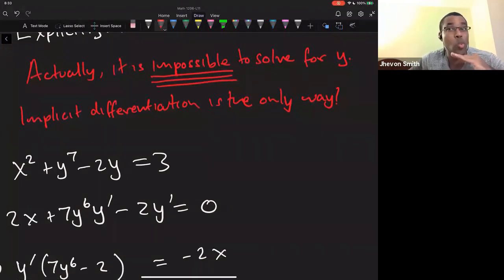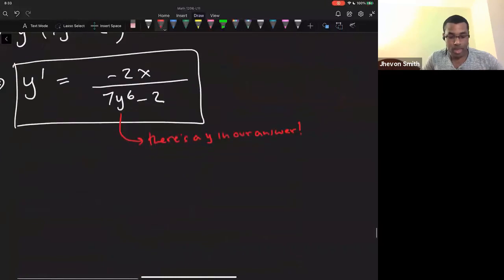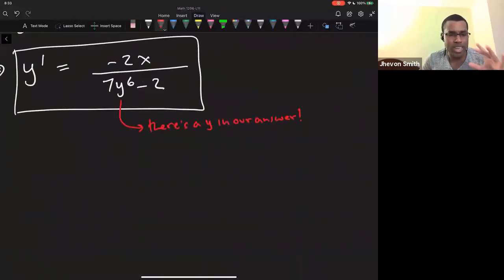We don't know what it is, but it's in the answer. How is this useful? If we don't know y, then we don't know y to the 6th, because if we knew what y to the 6th was, we would just take the 6th root and find what y is. But you told me it's impossible to solve for y. So you might think, is this answer even useful?